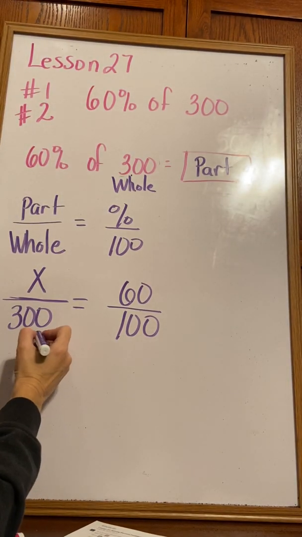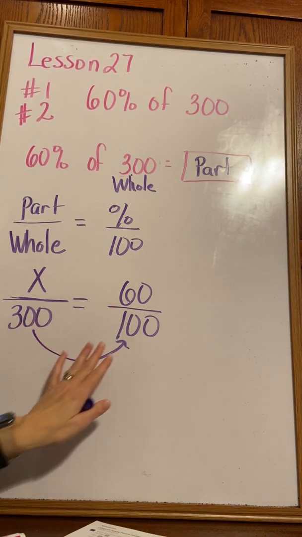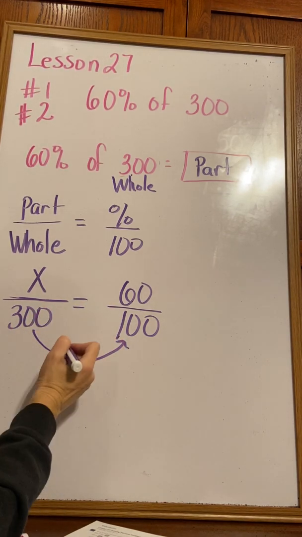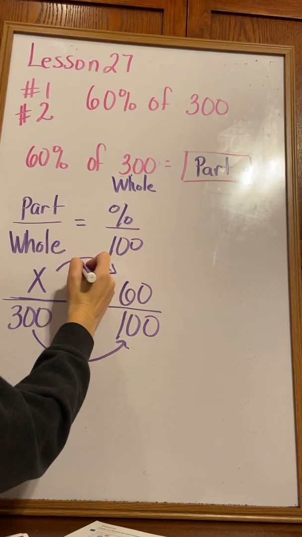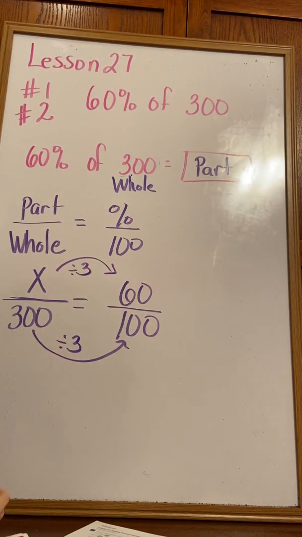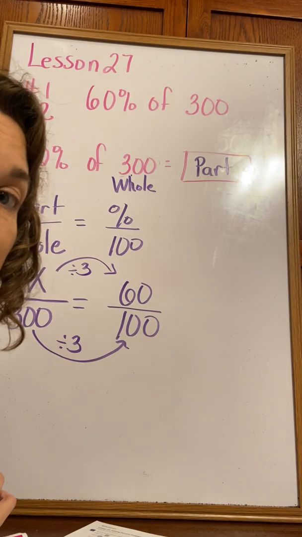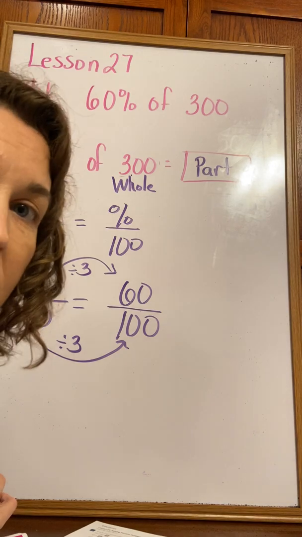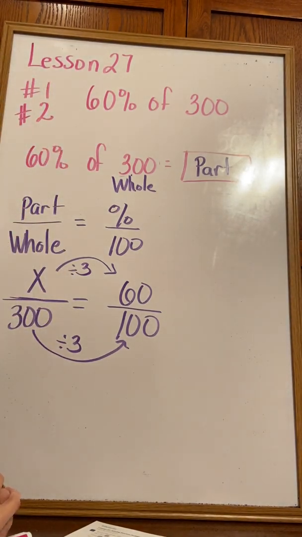Okay, so how can I get from 300 to 100? I mean, that's kind of an easy transition. I could just divide this by 3. And so I could divide this by 3. It's a mystery number, though. What divided by 3 is 60? Let's do it backwards.